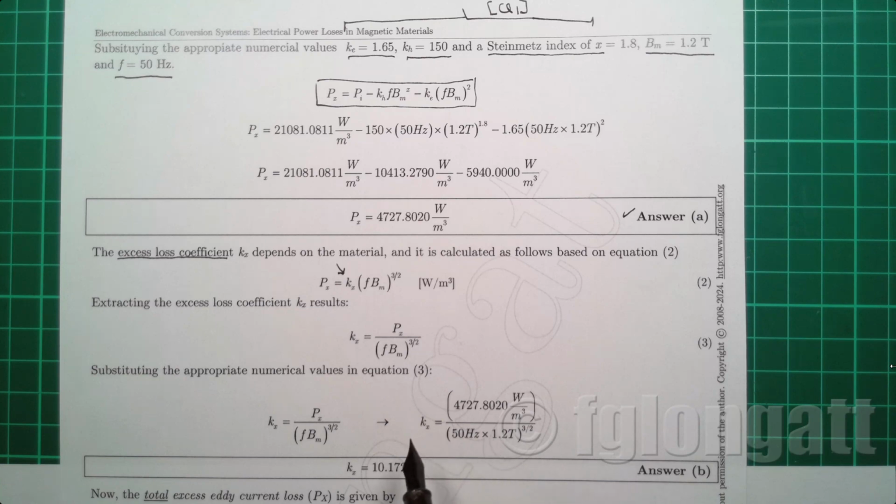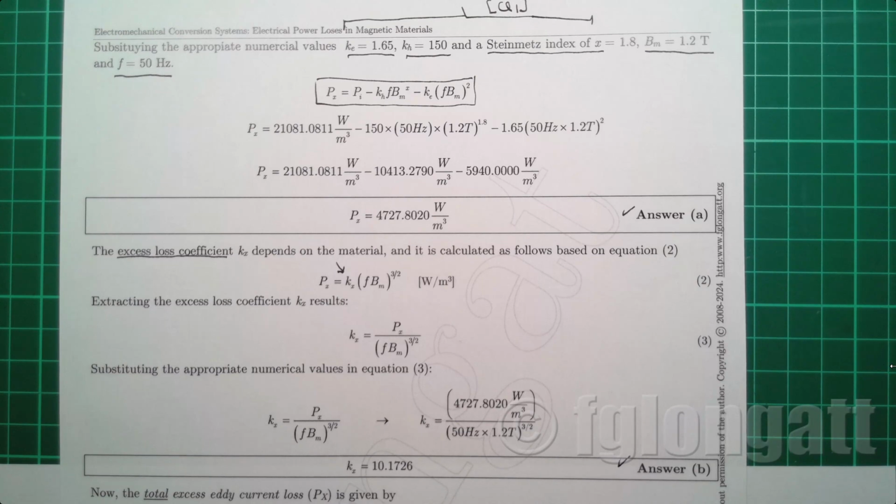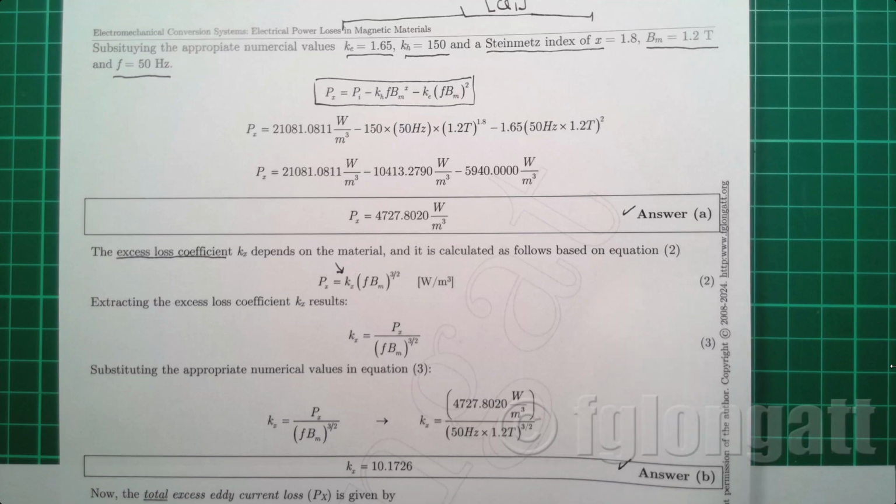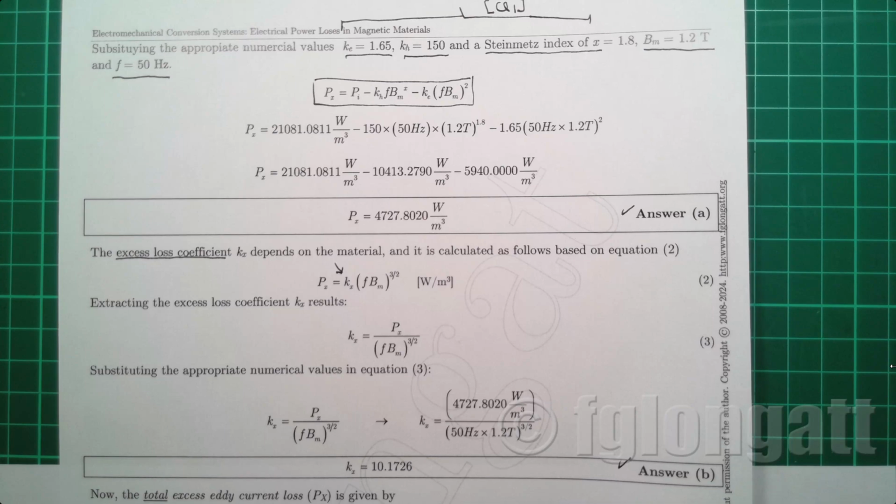We just put those numbers together inside the calculator, and we obtain the answer for question B. In this case, Kx is equal to 10.17.